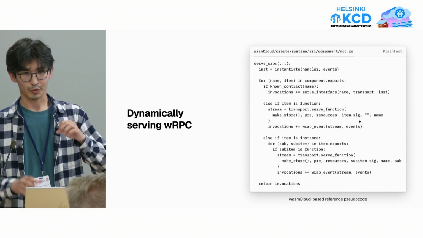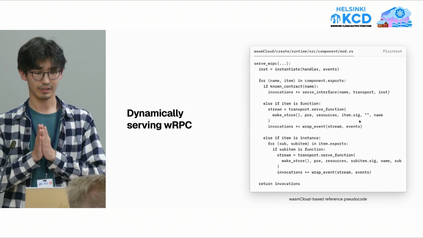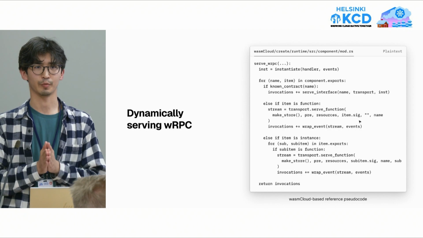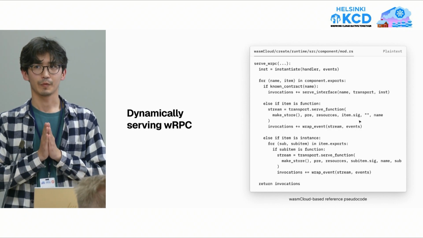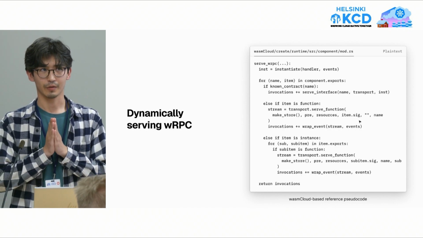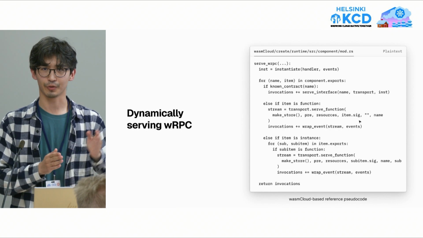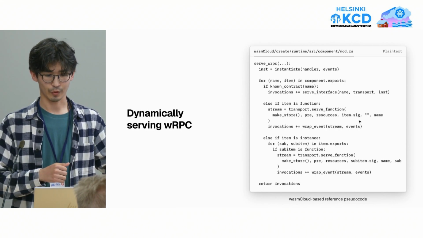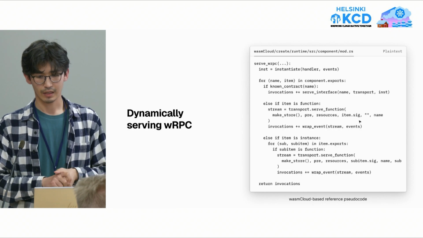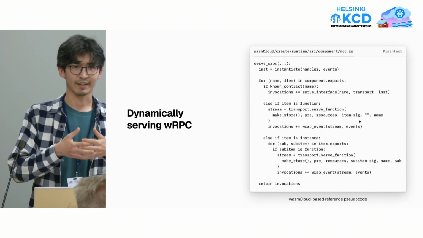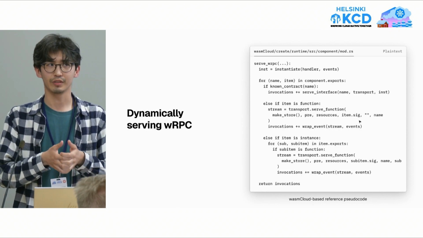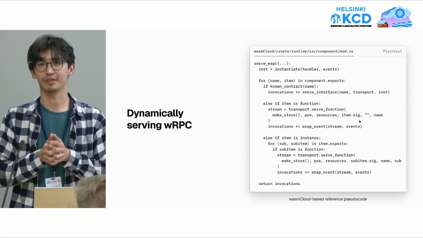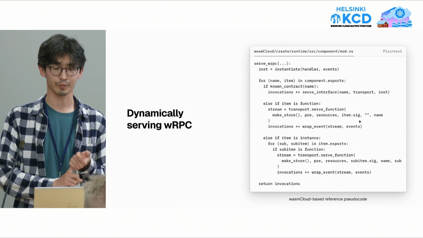And the most amazing part now, I think, is the ability to dynamically serve wRPC endpoints. So you can, of course, statically link your interface with your runtime or with wRPC. However, you can do runtime WebAssembly component interface introspection to see what kind of interfaces are being exported, what kind of functions are being exported.